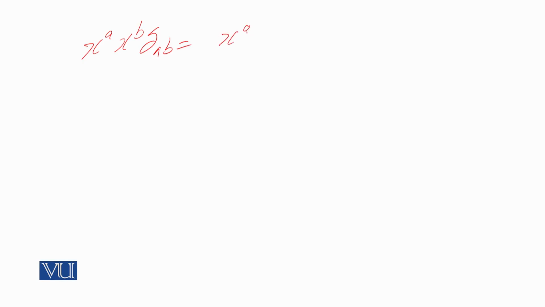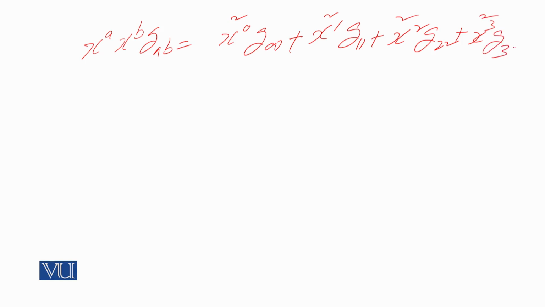Just write it down like this: x0 square g00 plus x1 square g11 plus x2 square g22 plus x3 square g33. As I have just mentioned, g00 is 1, and g11, g22, g33 are -1, the rest are 0 because we have a diagonal matrix.